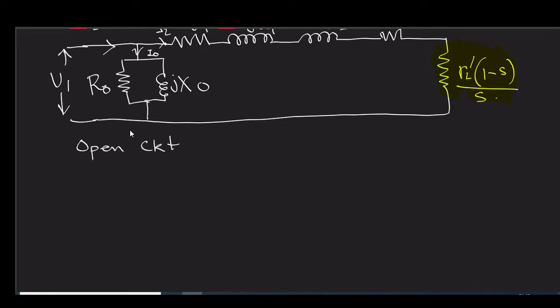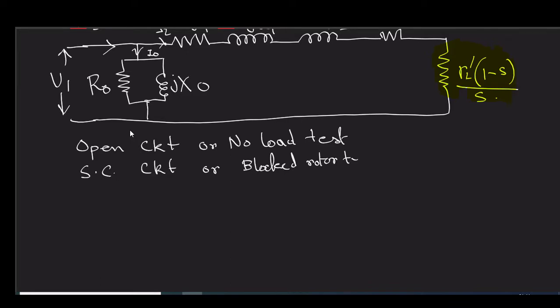We can have open circuit and short circuit tests, or rather, in the context of the induction machine, the no load test and this one, the blocked rotor test. For them we already know the data: V naught, I naught, omega naught. Here it is VSC, ISC, omega SC.